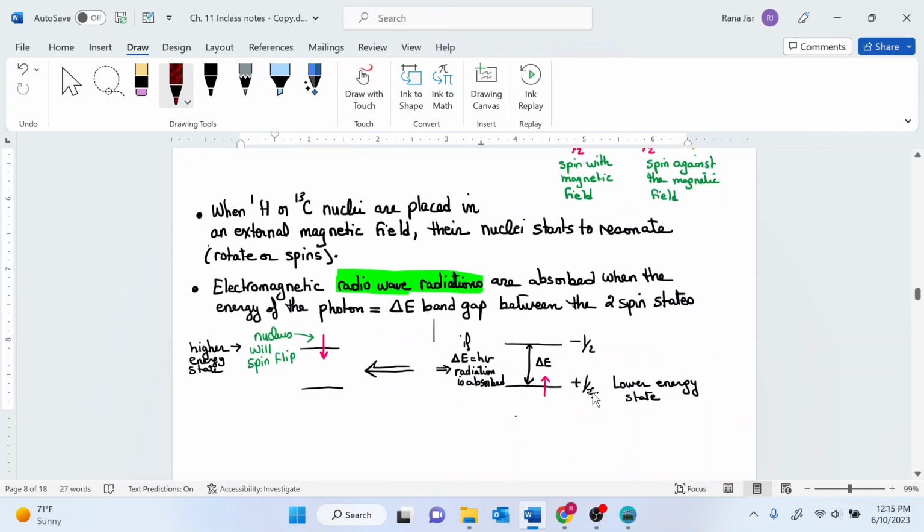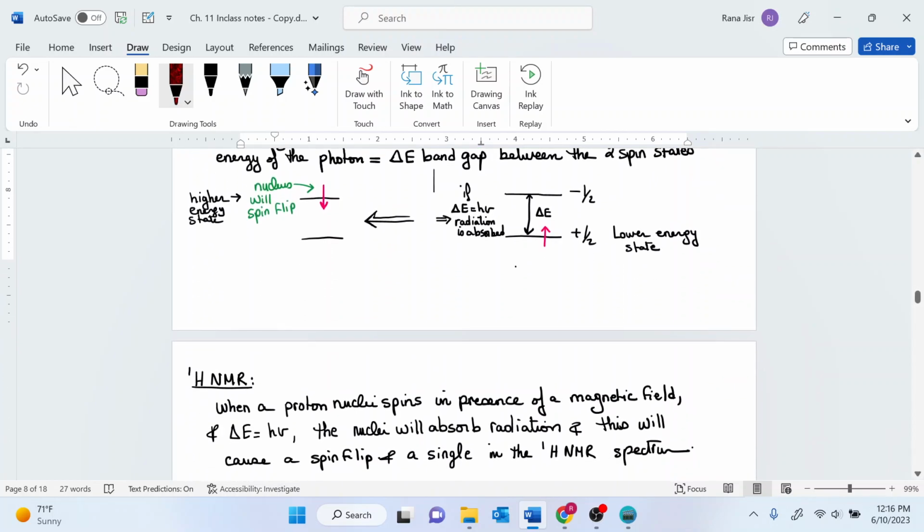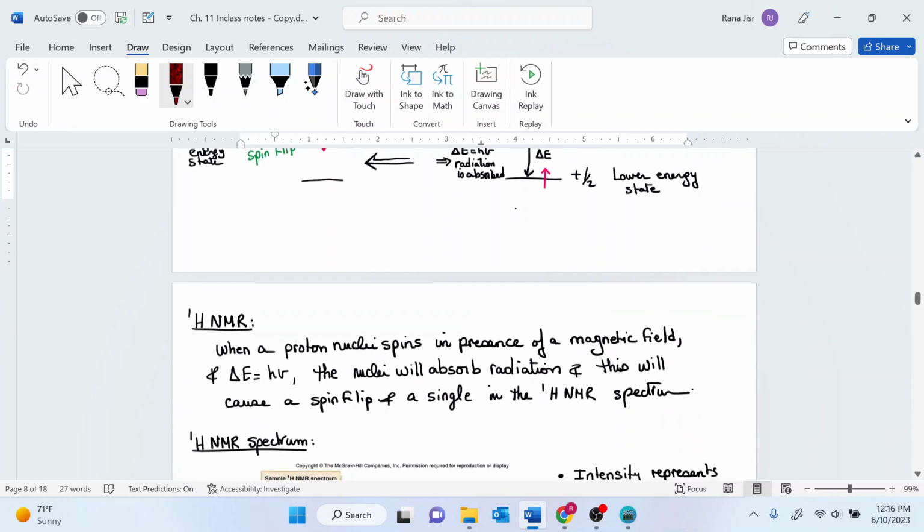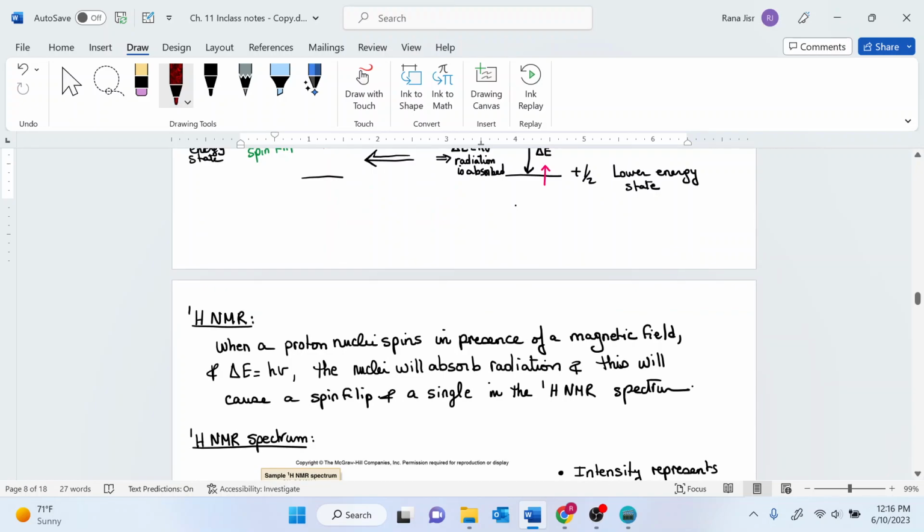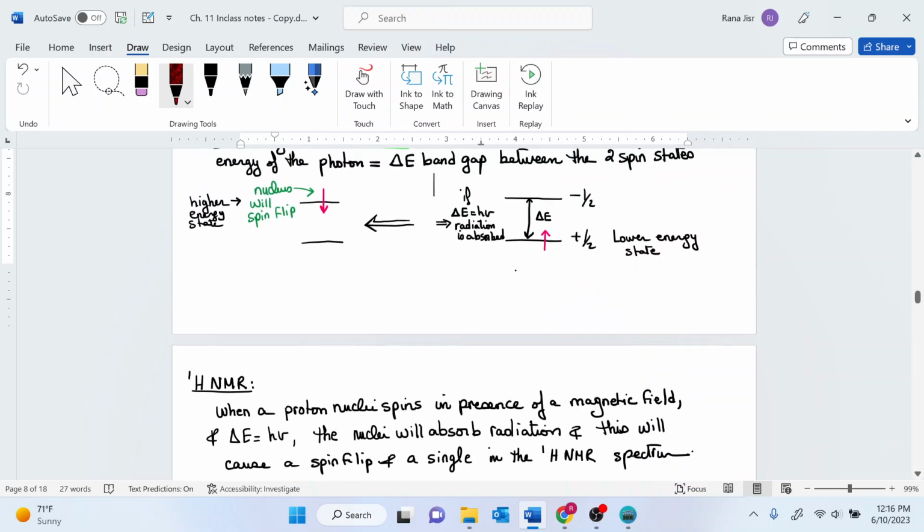The spin state with the magnetic field is lower in energy than the spin state against the magnetic field, and the difference is equal to delta E. When delta E is equal to the energy of the photon, the nucleus will absorb the radio wave radiation, causing a spin flip. The nucleus flips its spin, and you're going to see a signal in the proton NMR.